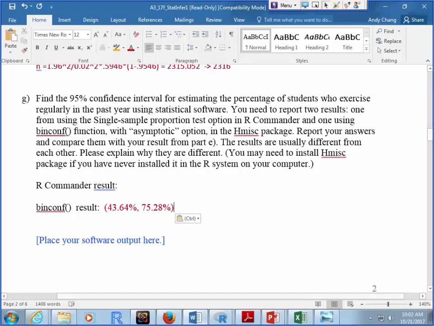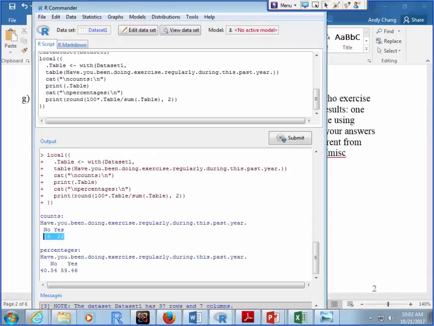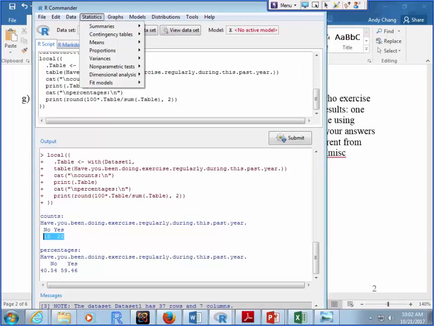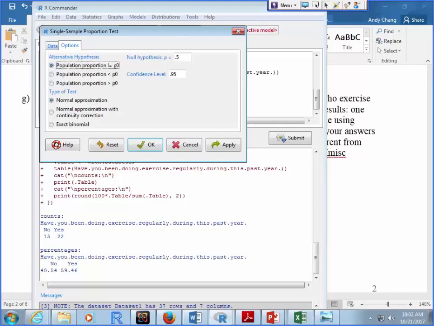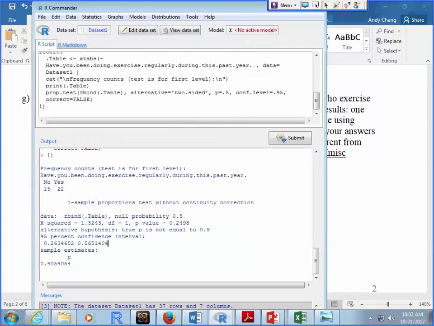And if you run it in R Commander, now R Commander has an option for that. In R Commander, Statistics, Proportions, Single-sample proportion test, and then this is yes, whether you do regular exercise or not. Normal approximation, so that's good. If you use a two-sided test, click OK.